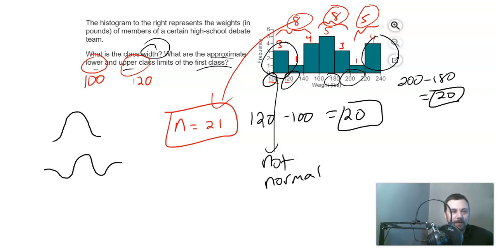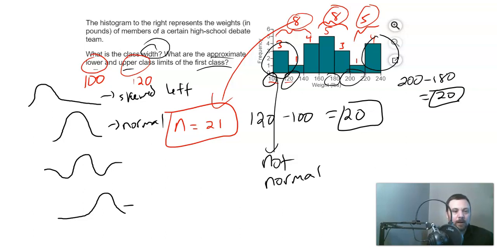A bell-shaped curve has to look like this. Skewed to the left would look like this. Maybe I could exaggerate that a little bit better. It looks something like that. And skewed to the right would look something like this, right? So this is the general outline you would expect to see if it was skewed left, if it was normal, or if it's skewed right.